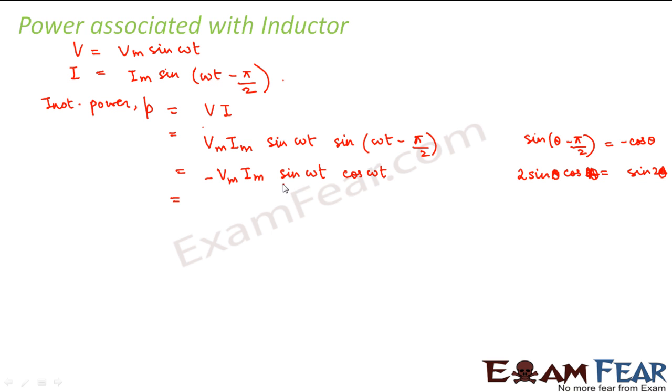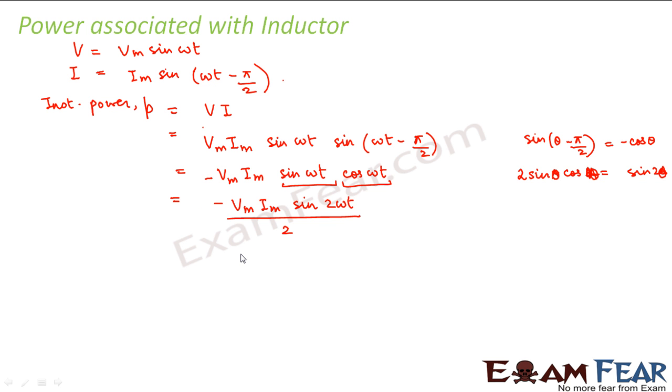So using that we can say that sine theta cos theta can be written as sine 2 theta divided by 2. So we can write it as Vm Im sine 2 omega t divided by 2. This is my instantaneous power.